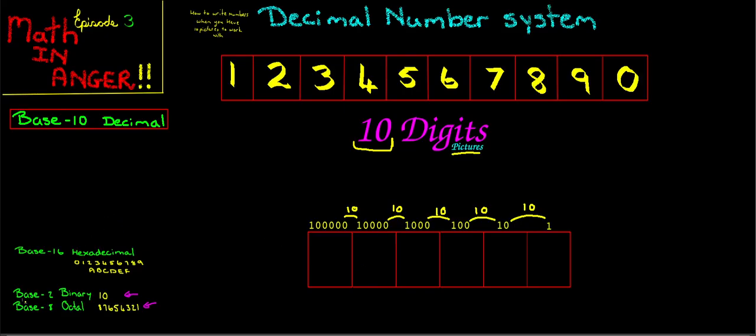If we were using the binary number system, the columns would become 2 times bigger, because the binary number system only has 2 pictures.